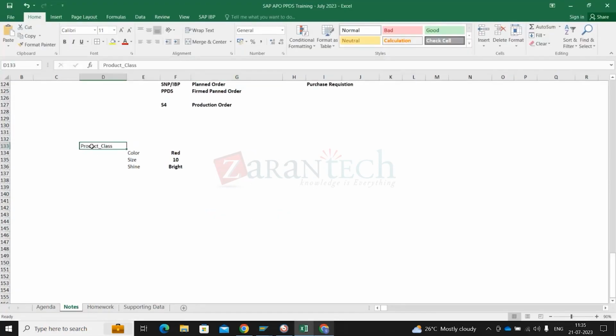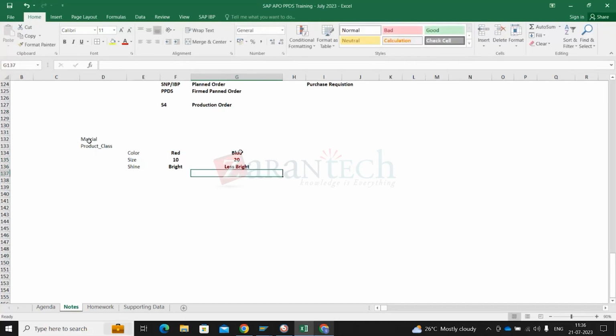The main pivot is the class, right? This class you assign. Say for example, this is a material which has a class which has color and which has two different sets of values. For example, blue, size 20 and less bright.